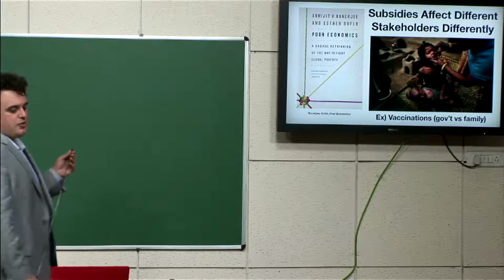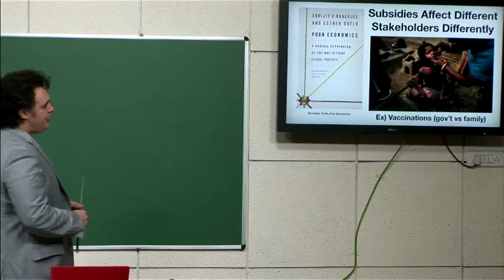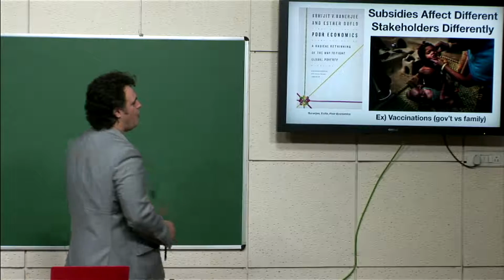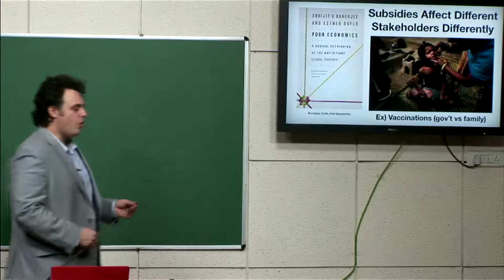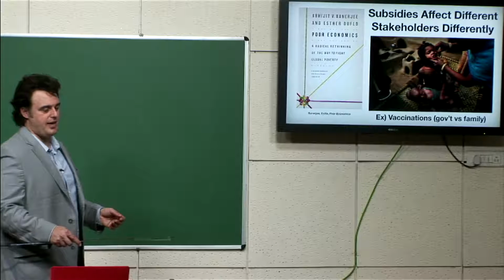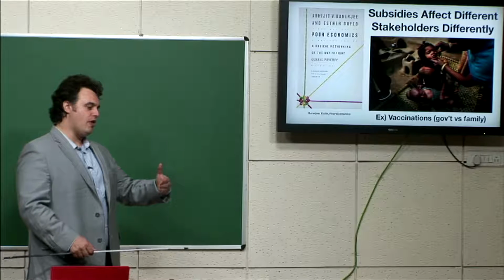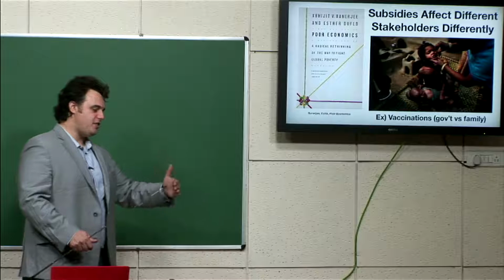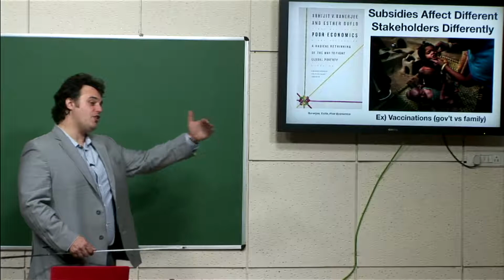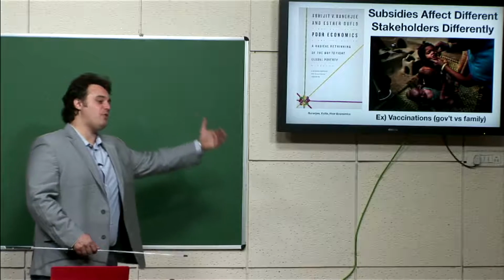Another one is when you're talking about subsidies, they affect different stakeholders in different ways. The authors of this book are quite famous for showing why the government of Kenya should invest in deworming medication for children so they get sick less, because they were able to model that as these kids get sick less, they go to school more, they end up going to higher grades of school, they end up making more money because they get better jobs, and they end up paying more taxes.